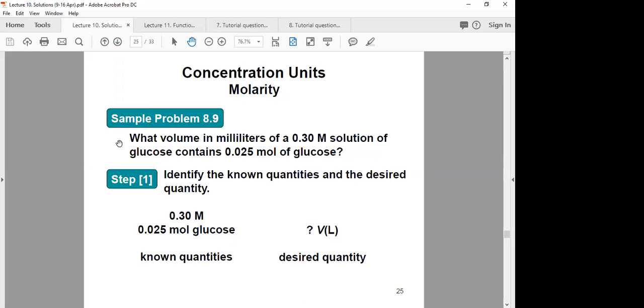All right, let's look at another example. What volume in millilitres of a 0.3 molar solution of glucose contains 0.025 mole of glucose?